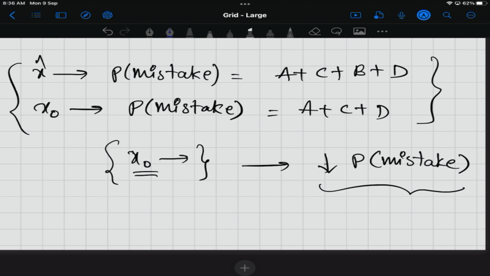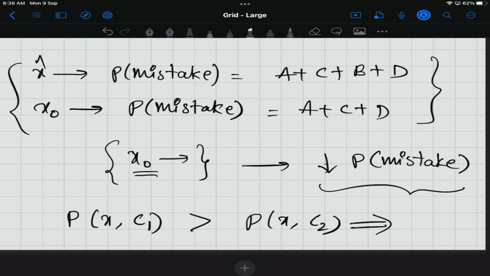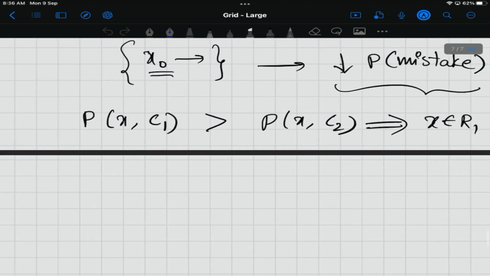So this will be minimized with a particular condition. So I will tell you what that is. If your probability of x comma c1 is greater than probability of x comma c2, just assign x to class 1. Okay.